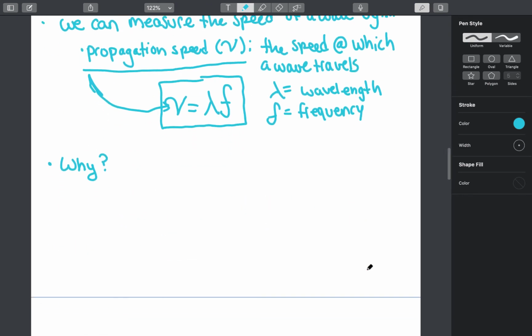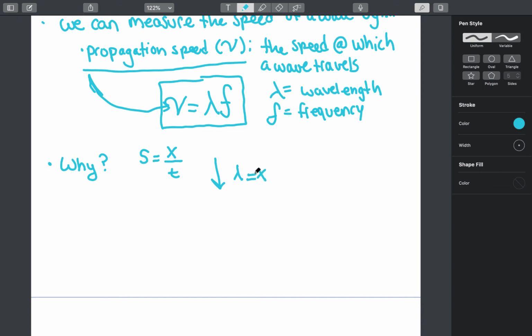So why does this equation work? So instead of having you memorize it, let's understand why this equation is written in such a way. So you may know that speed is equal to the distance over time, right? So speed is distance over time. Well, we know that lambda, which is equal to wavelength, is a distance.